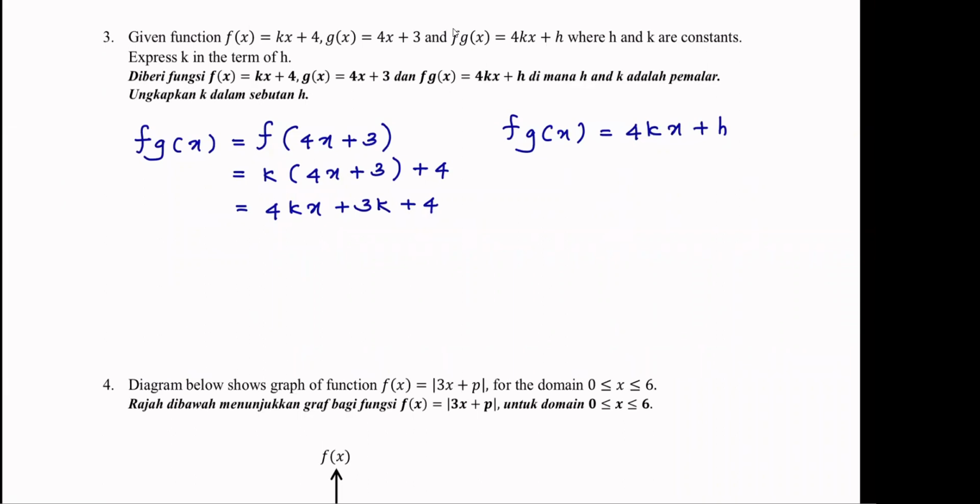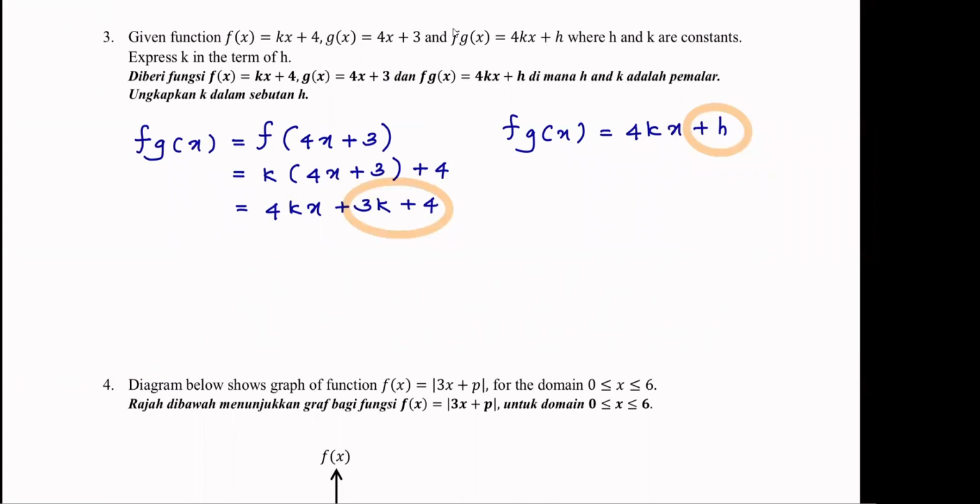So apa dia minta? Express k in terms of h. So that means I'm going to take this value of here, this whole thing. This whole thing, guys, masih equals to the h over here. So depan tu kita tak boleh compare dah. Faham?